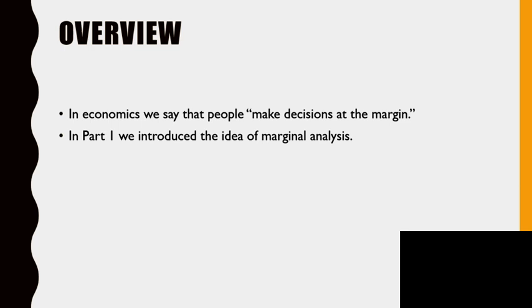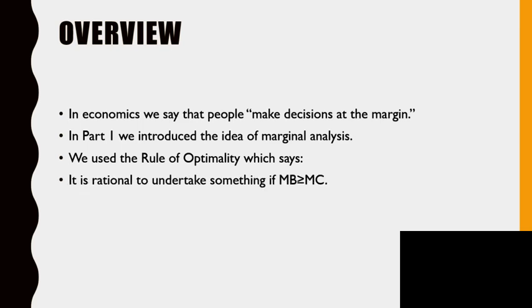So in part 1, we introduced this idea of marginal analysis, how we think about things when we look at the margins. We used the rule of optimality, and it is incredibly important. You've heard me say that we're going to see the rule of optimality over and over again, couched in different ways. It says that it's rational to undertake something as long as marginal benefits are greater than or equal to marginal cost.